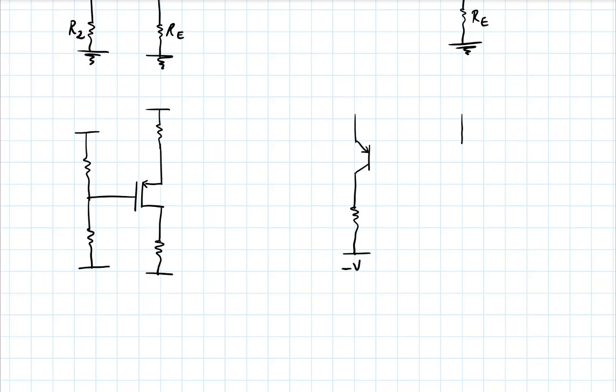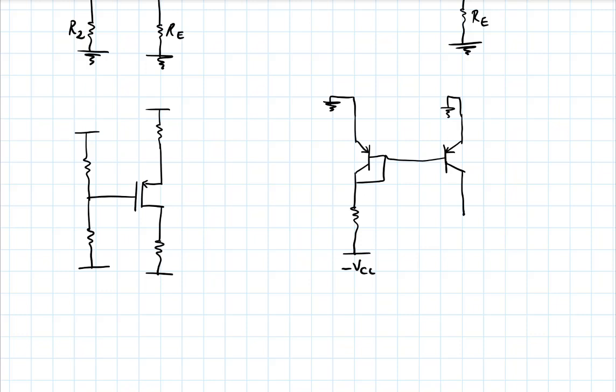Let's say this is minus VCC, and this is ground. This was a current mirror. We did it last week, I think, with the NPN. This is one with PNP. I think you had also an exercise on it in the homework.